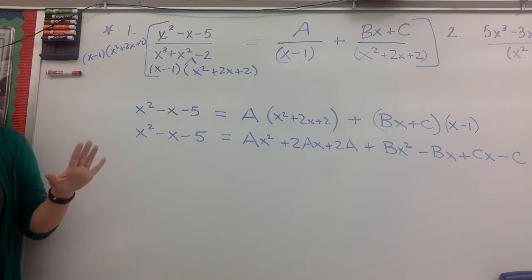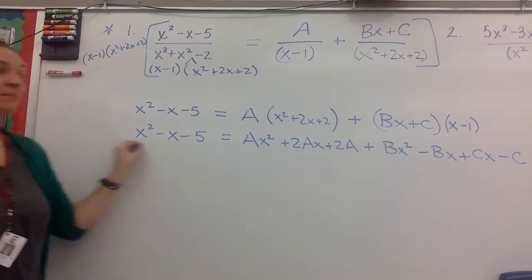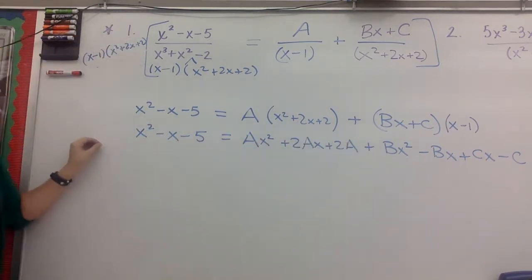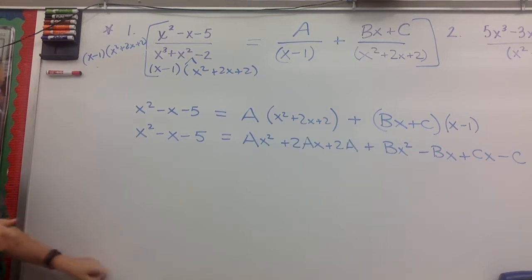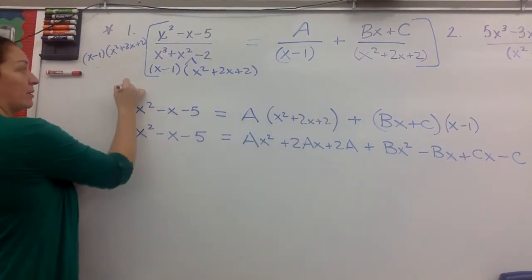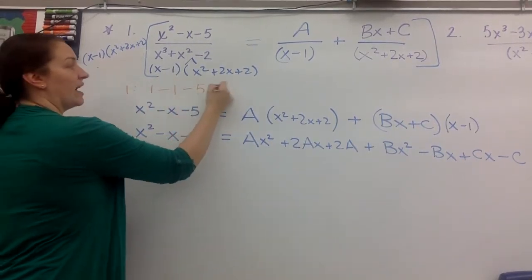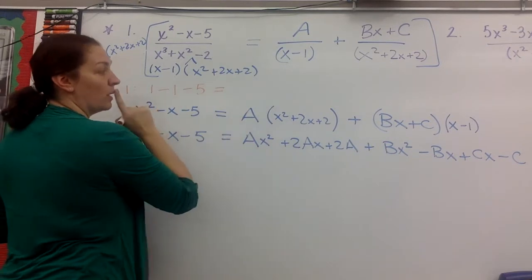Notice I'm not plugging in any zeros. I know I'm going to need this line of work because I only have 1 zero. What's the only zero for my denominator that I have? 1. If I plug 1 in, don't I get 1 minus 1 minus 5 is equal to what?